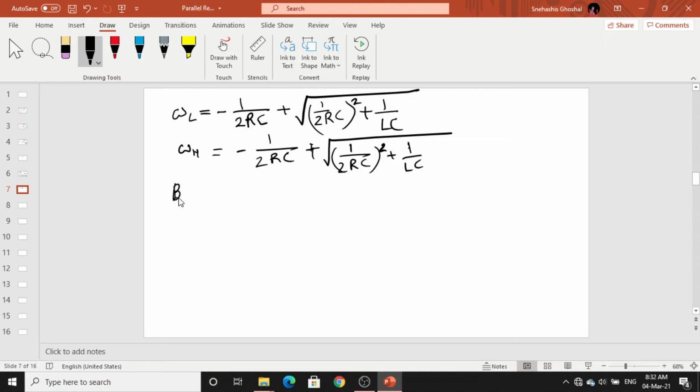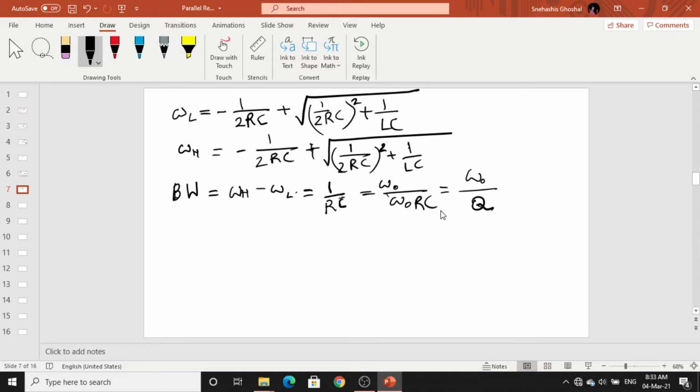So what is bandwidth? Bandwidth is omega high minus omega low, so that will be 1 by RC. That was R by L in the series circuit, so R is represented by 1 by R and L is represented by C. So that is the case. 1 by RC, if I multiply both sides by omega naught, it becomes omega naught by omega naught RC. Now that is actually omega naught by quality factor.